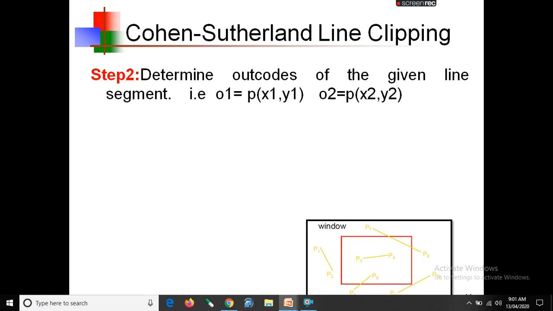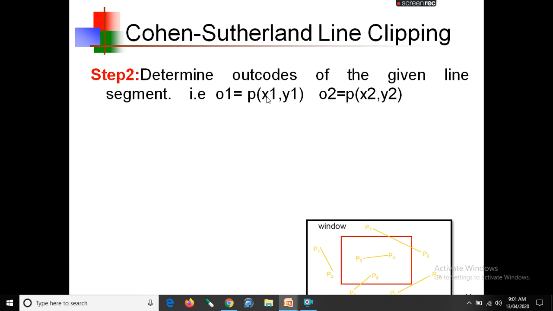Step 2 says that we need to determine the output of the given line segment. In step 1 we entered the 2 endpoints of the line segment, assume P1 and P2. Here we need to determine the region code for the endpoints P1 and P2.